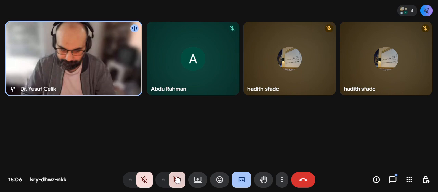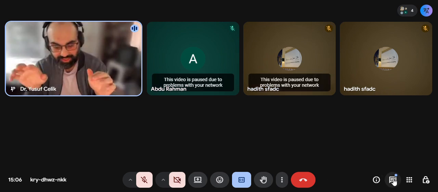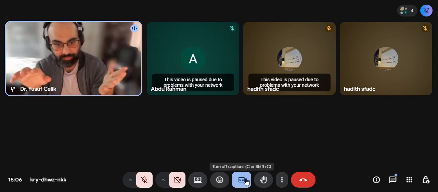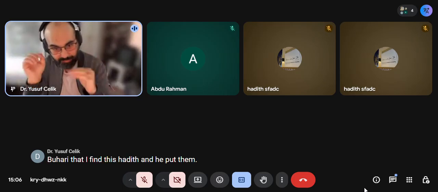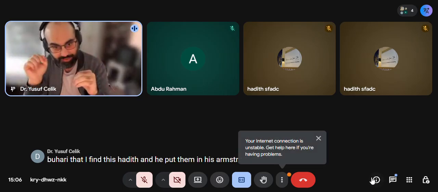Hakim said, okay, if I apply Bukhari's criteria to hadith that aren't in Bukhari, then I find these hadith, and he put them in his Al-Mustadrak, right?